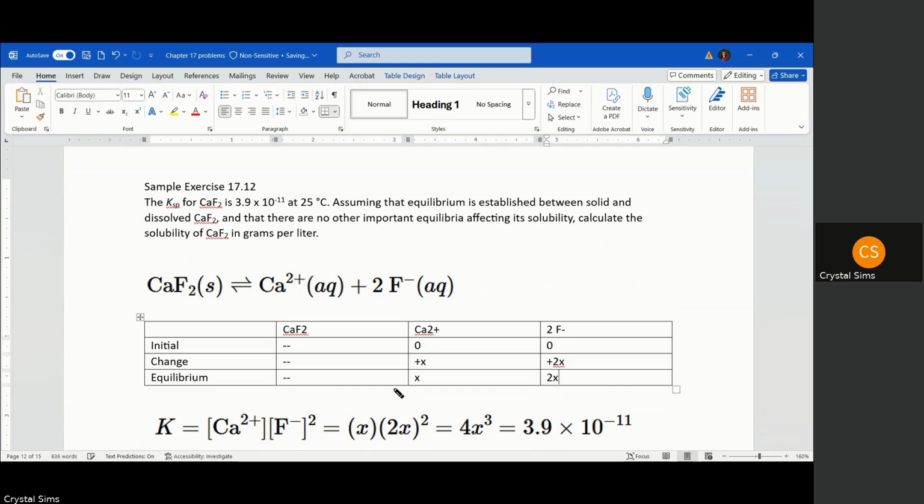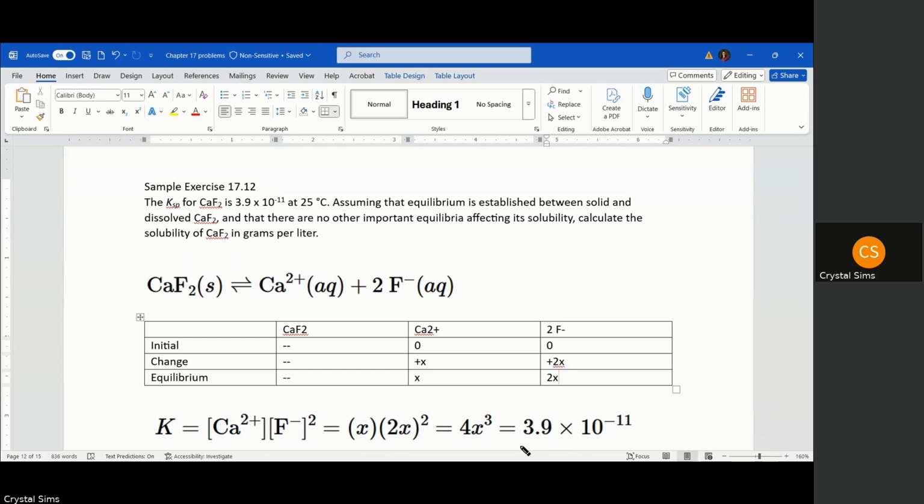So when we plug in our X and 2X, what we end up with is 4X cubed, because we have 2X squared, which will give us 4X squared, times X is 4X cubed.